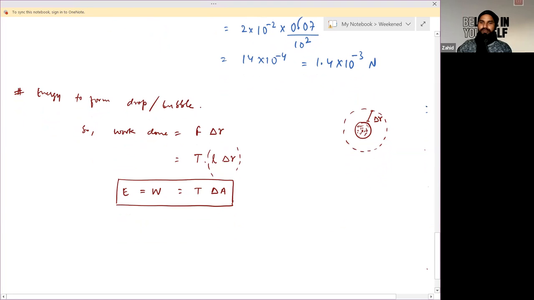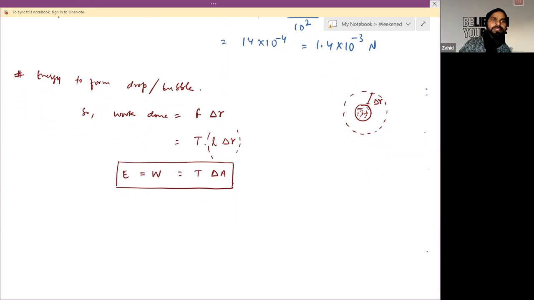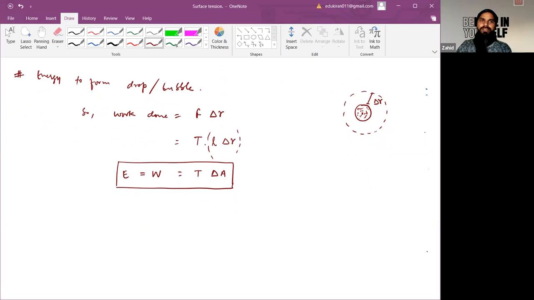Now to use this formula, let me define the concept of interacting surface.